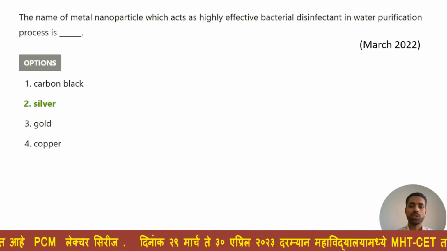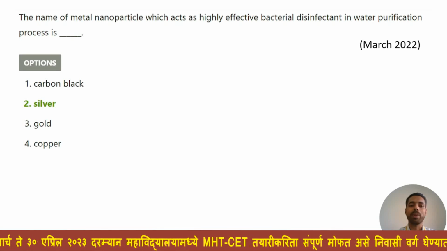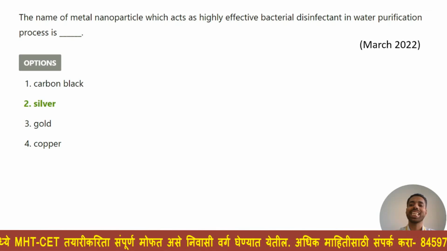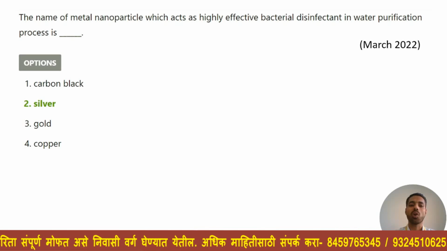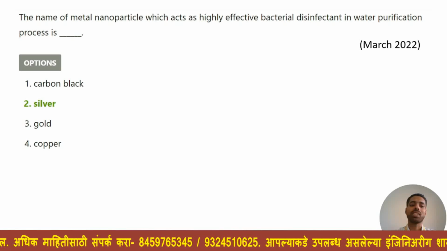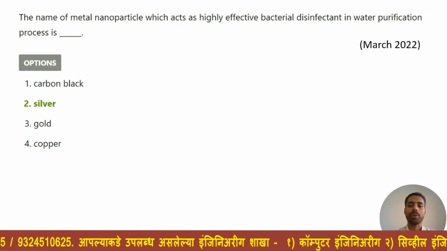Here is one MCQ which was asked in March 2022. The name of the metal nanoparticles which act as highly effective bacterial disinfectant in the water purification process is, and the options are carbon black, silver, gold and copper.